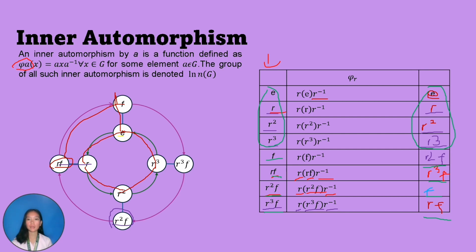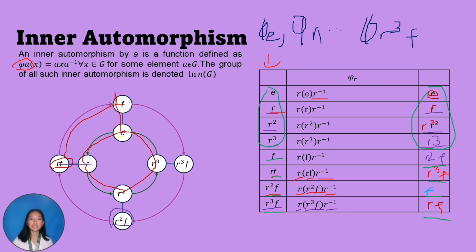Now, if I wanted to collect all the inner automorphisms, I need to find P sub E, P sub R, and so on till P sub R cube F. We have to collect all of those, and note that some of these actually end up the same.